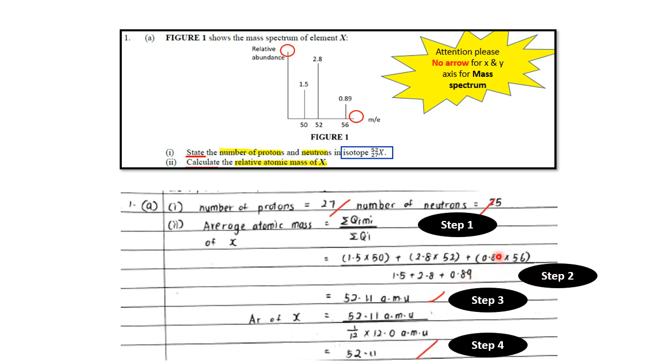This is step 2, substitution. Step 3, you get the answer 52.11 amu or u. This is the average atomic mass. The question asks about relative atomic mass, so you compare with 1 over 12 times carbon-12. The amu cancels, so the answer is 52.11. This is step 4.